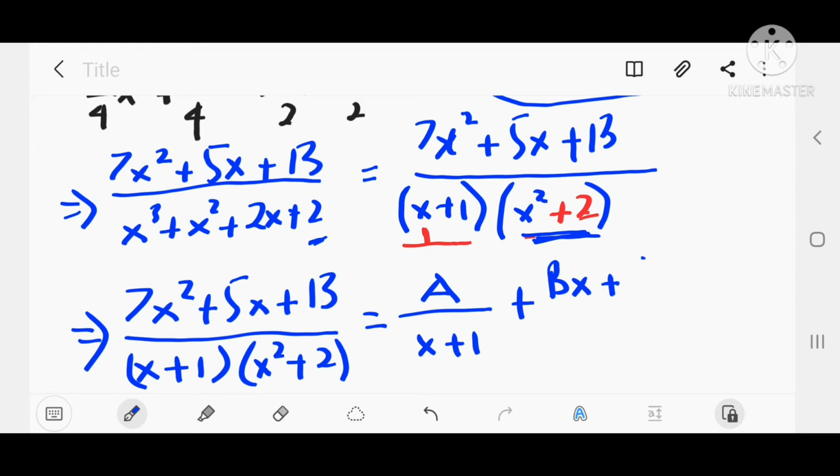So we have Bx plus C on x squared plus 2. We get that?